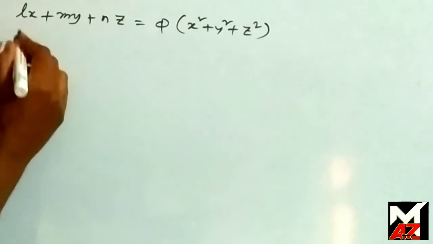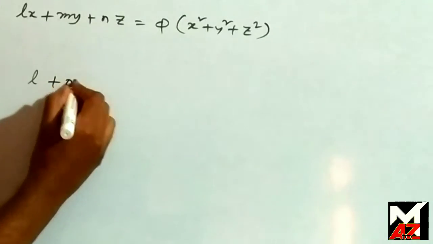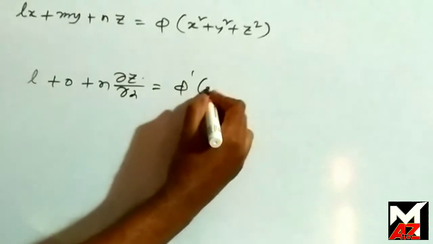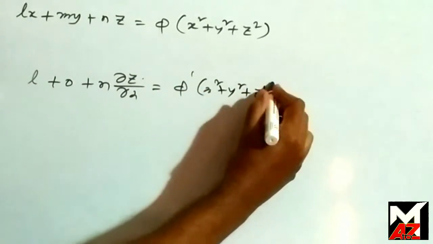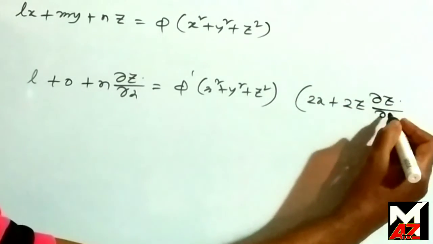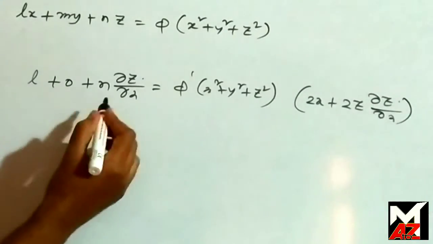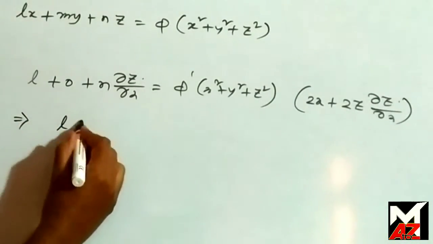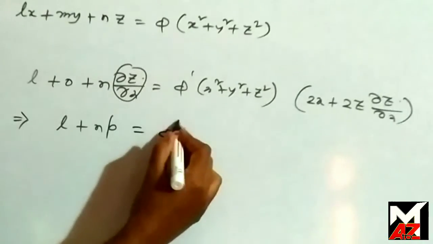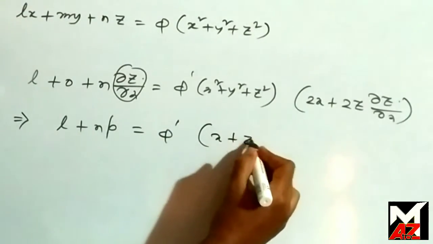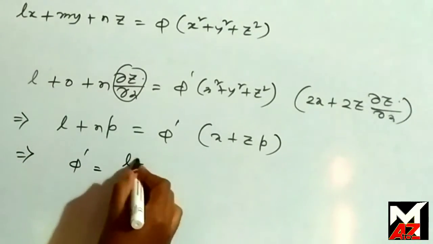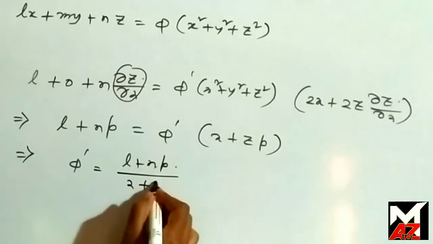We get L plus n into del z by del x, equal to phi dash into (x square plus y square plus z square) into 2x plus 2z into del z by del x, and this gives L plus n into p equal to phi dash into 2 times x plus z into p. This implies phi dash equal to L plus np by x plus zp.